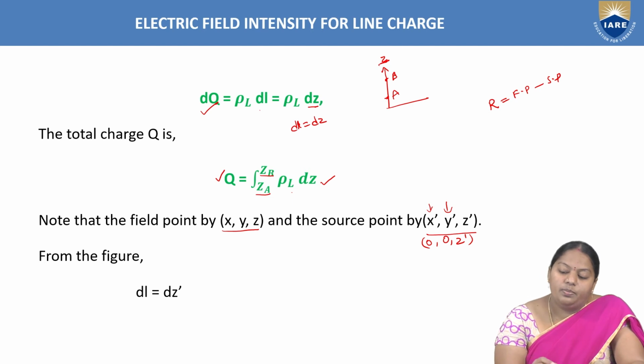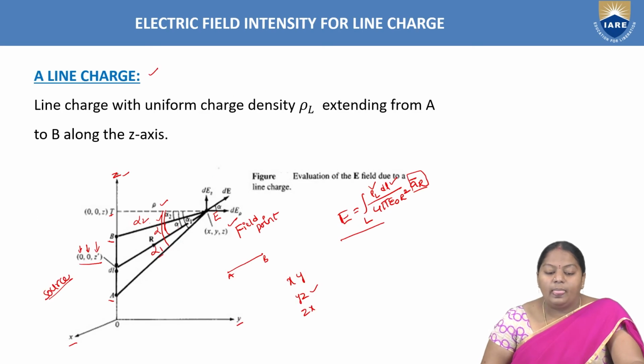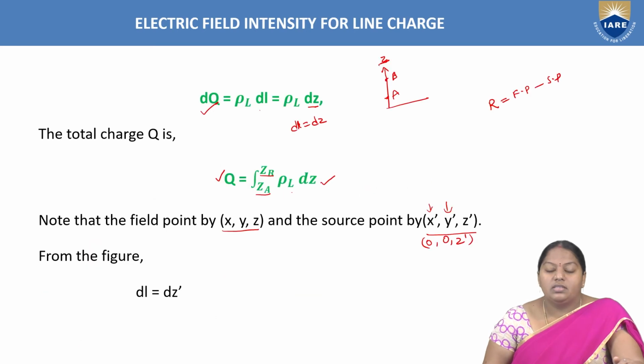That's why we particularly consider the field point and the source point. Right? So the source point is derived from the origin, and the field point is the one we are going to evaluate. So these are the two points which we consider from the previous figure. Okay. So from this figure, we'll evaluate the source point and the field point.